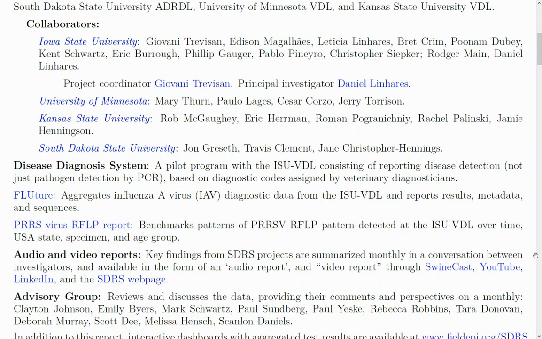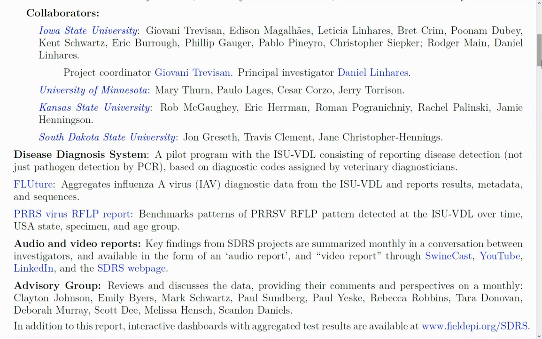The way they do it, we issue a preliminary report in the middle of the month, run it by these collaborators, and they give some contributions. The major monthly findings and interpretation that this advisory group reports back to us is incorporated in the PDF report that is released on every first Tuesday of the month. All collaborators and the advisory group names are listed in the first page of the PDF report.